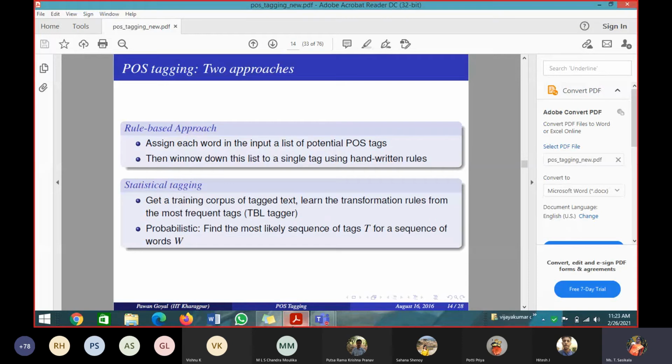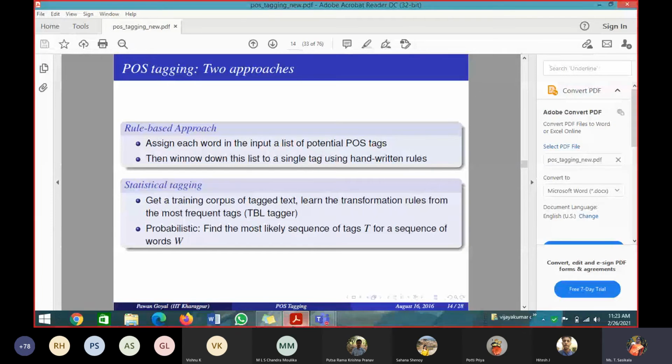Instead of writing a rule for each word, like if it is angry, this, if it is flies, this, if it is boy, this is the tag, I have a corpus with sentences, and each word in the sentences is tagged with its corresponding POS tag. Using that, I can learn the tag for a new sentence.